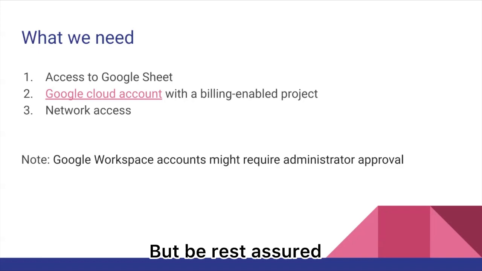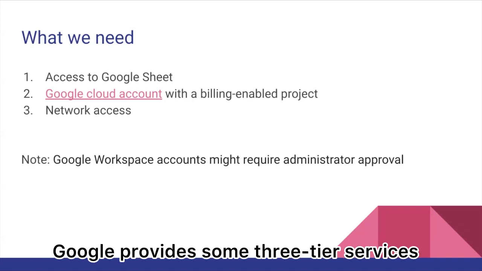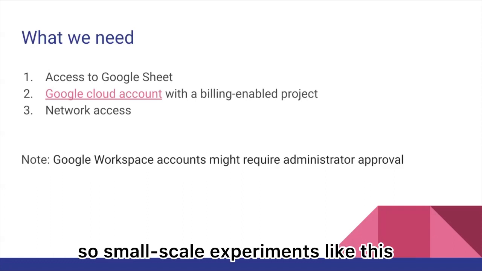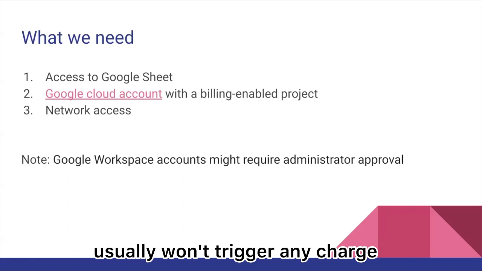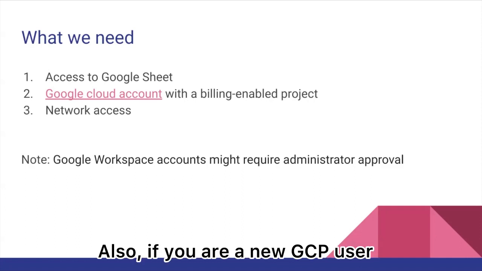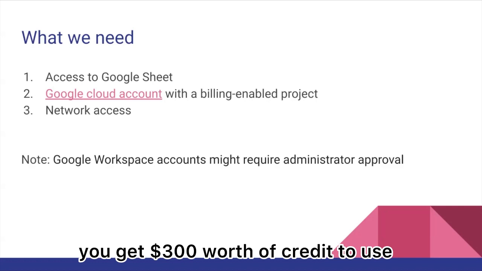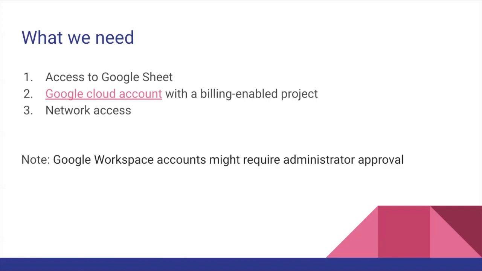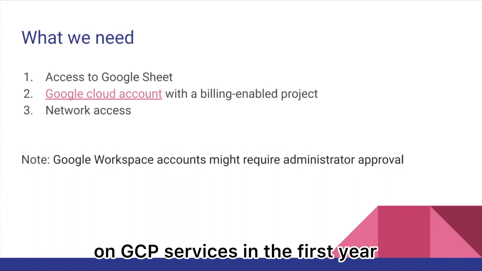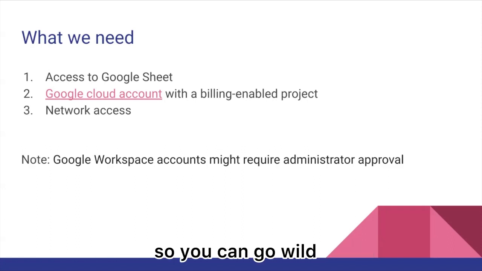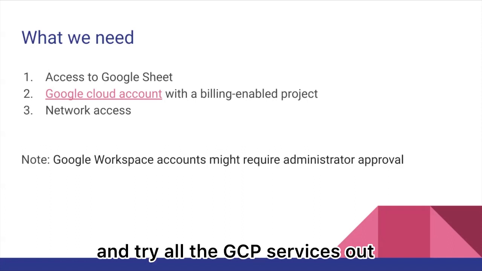But rest assured, Google provides some free tier services, so small-scale experiments like this usually won't trigger any charge. Also, if you are a new GCP user, you get $300 worth of credit to use on GCP services in the first year. So you can go wild and try all the GCP services out.